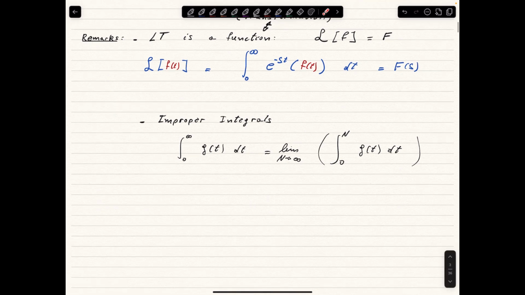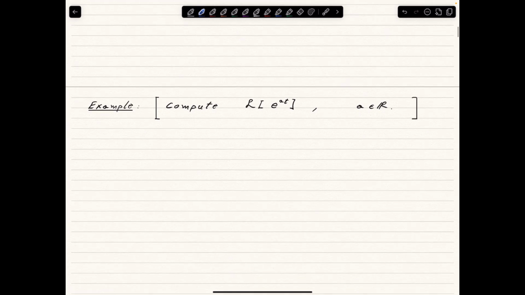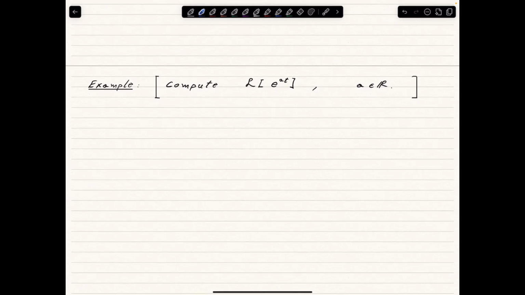So now let's see how this definition works in an example. The example here is, let's compute the Laplace transform of an exponential e to the at. a is any real number, but in our calculation we are going to set a particular value of a.